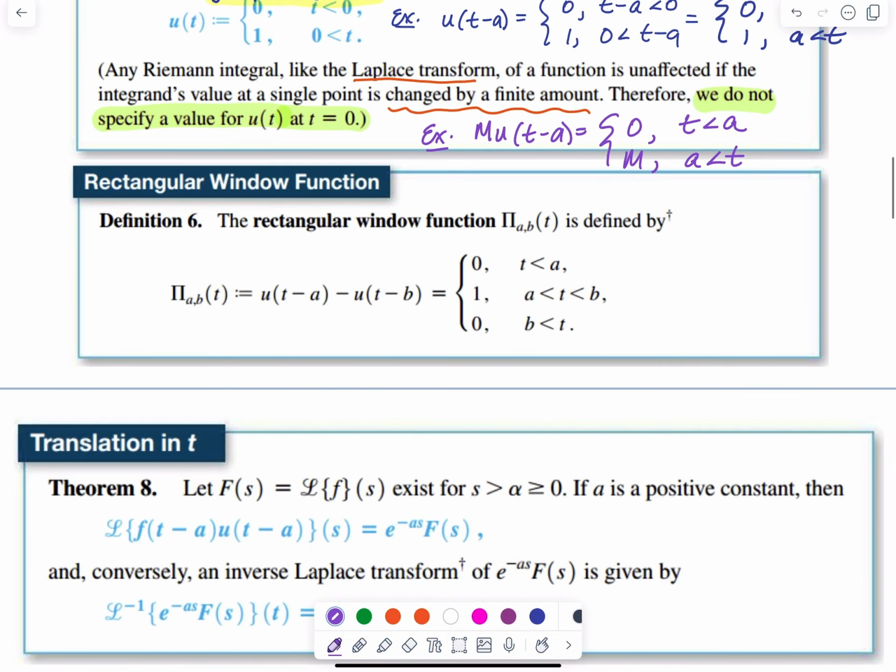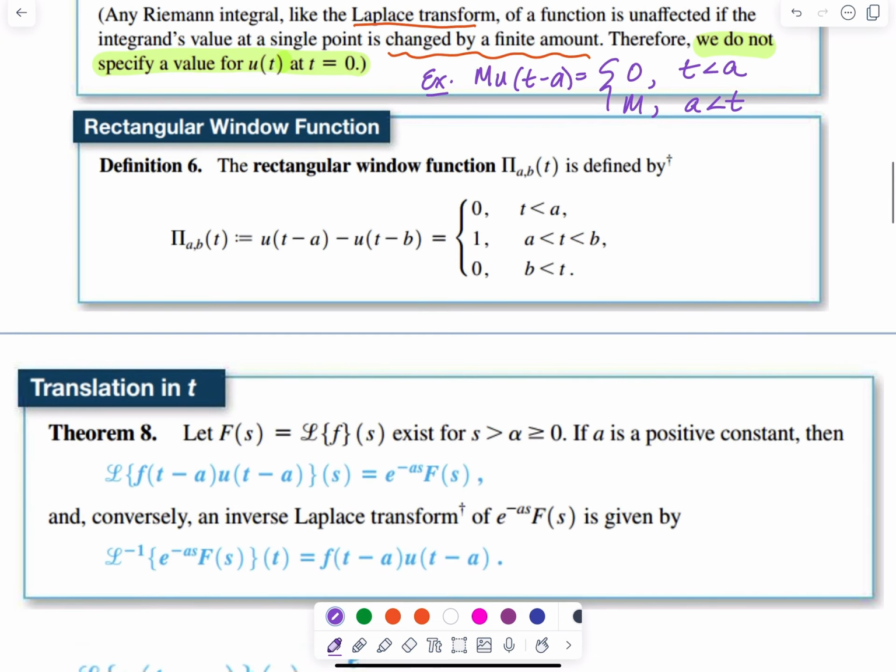We also have something to help us simplify the formulas for piecewise continuous functions. And we have something called the rectangular window function. And this turns the step function on and then turns the step function off. So our rectangular window function, and this is the notation, is defined by what is shown below.